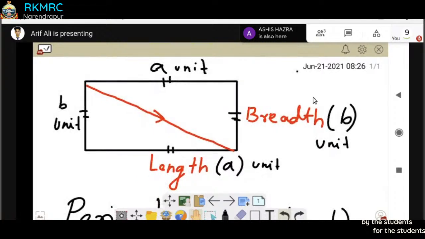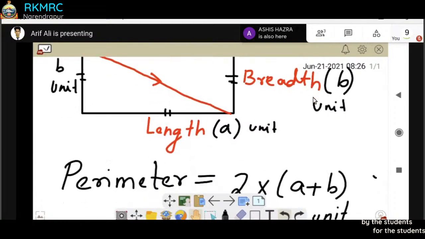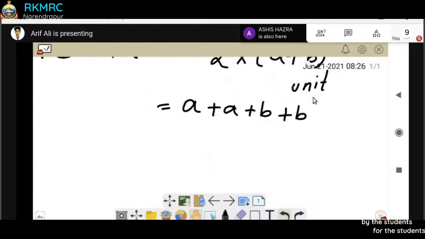Sum of all the sides means adding all the sides, not just length and breadth. Length and breadth both opposite side, not just one side of this rectangle, not just one length, both the length, opposite and this length. So you can see this is your 2A plus 2B.